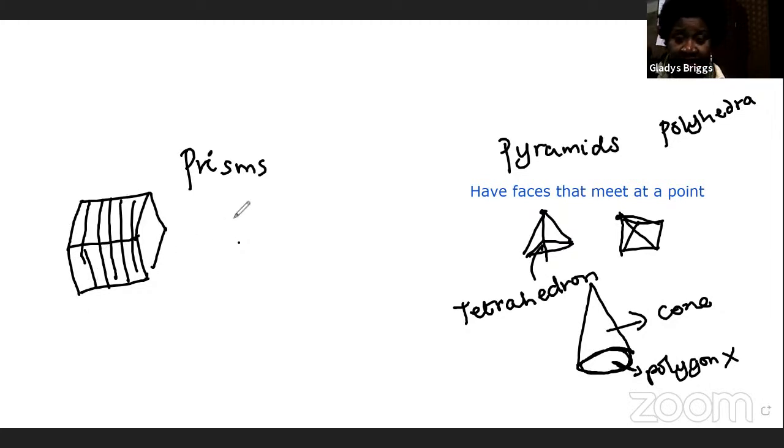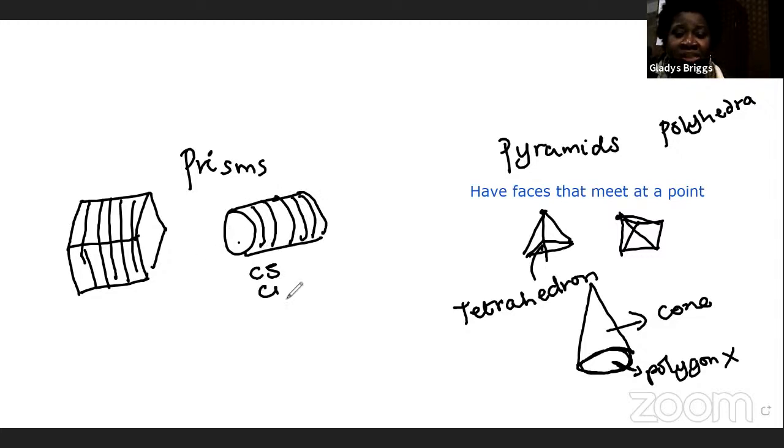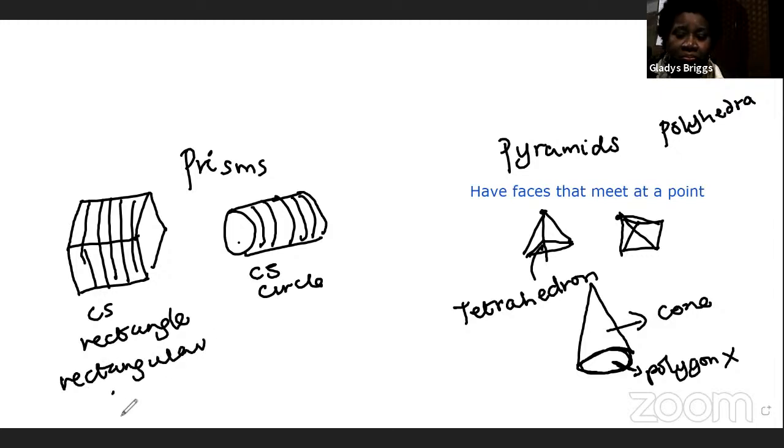If you have a cylinder, it falls under that category as well, but it's a little bit like this one. If you cut it into thin slices, you would have all these circular slices. The cross section is a circle, and here the cross section is a rectangle. So you can say this one is a rectangular prism. And that one is a circular prism, because you can also have a triangular prism.